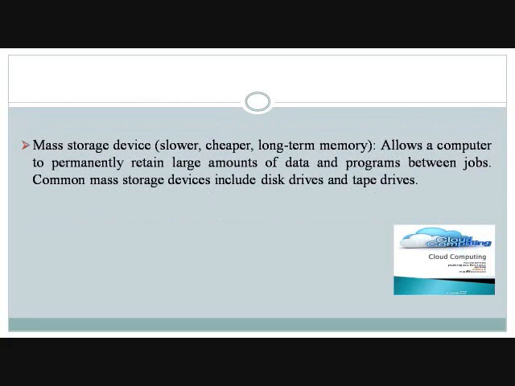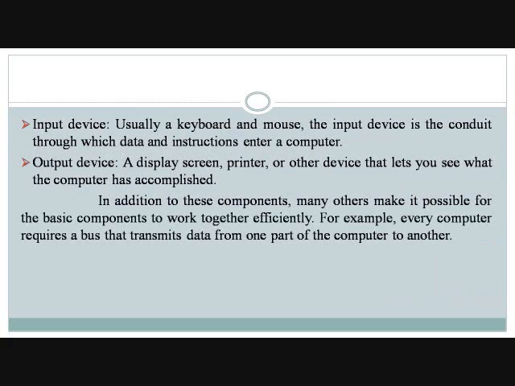Mass storage device allows a computer to permanently retain large amounts of data and programs between jobs. Common mass storage devices include disk drives and tape devices. Input device, usually a keyboard and mouse. The input device is the conduit through which data and instructions enter a computer.